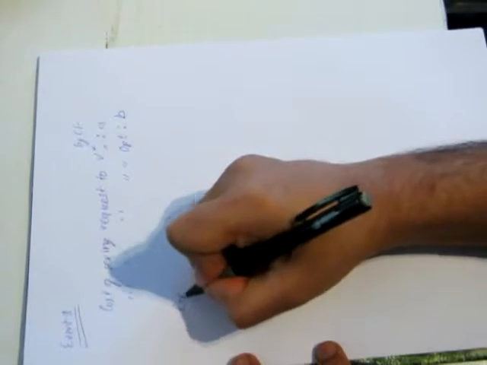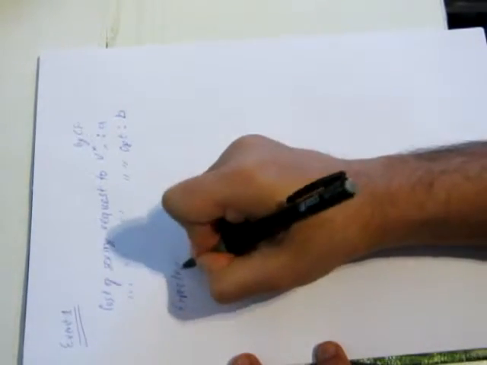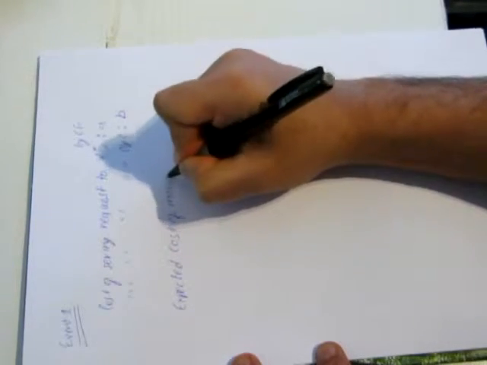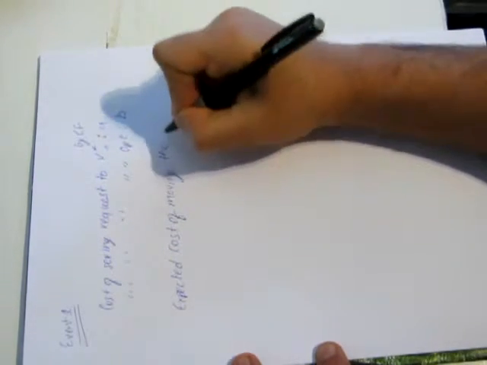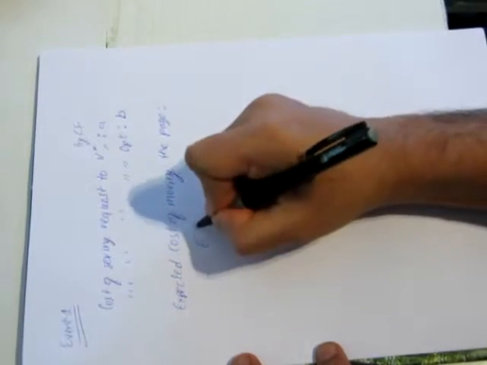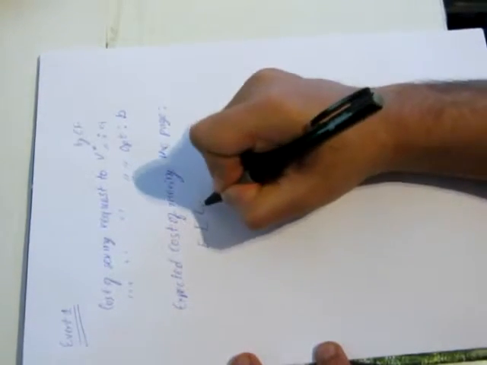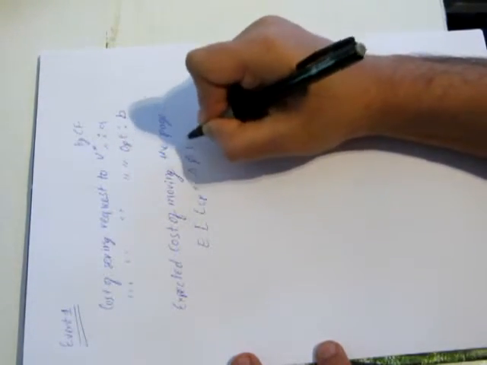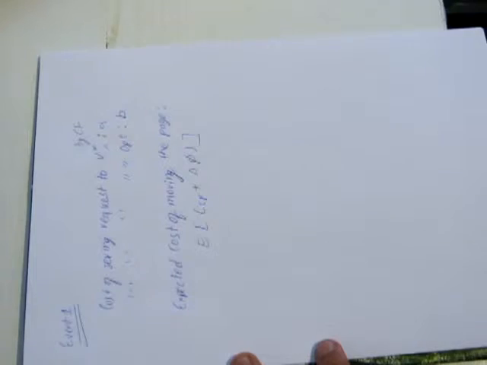The expected cost of moving the page is E of the coin flip algorithm cost plus the difference in the potential function.